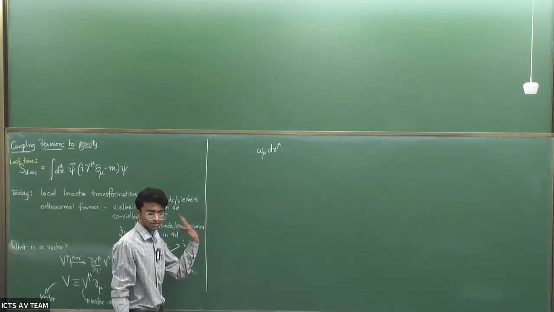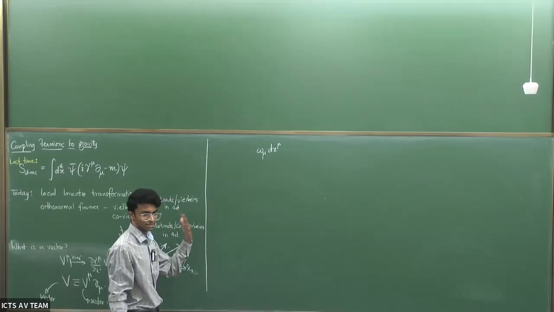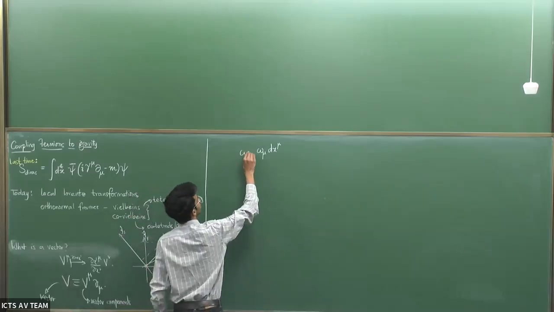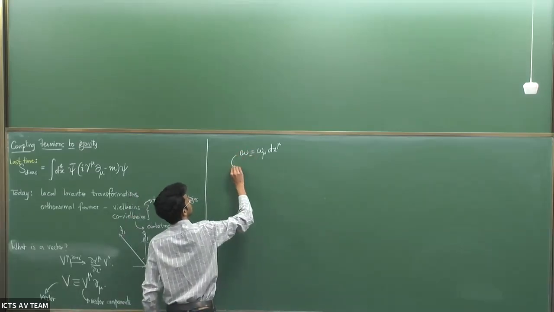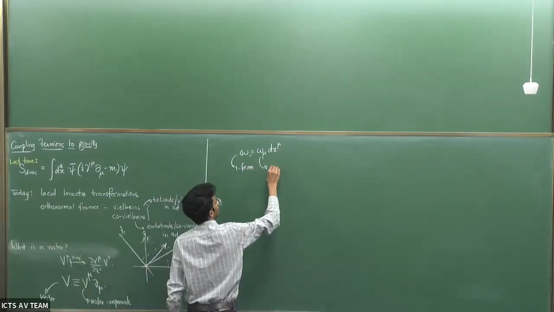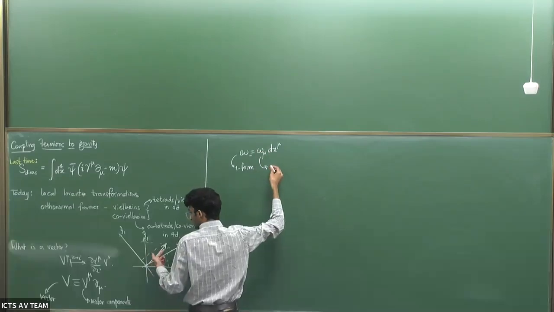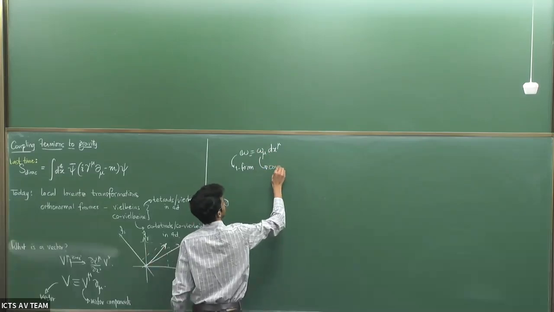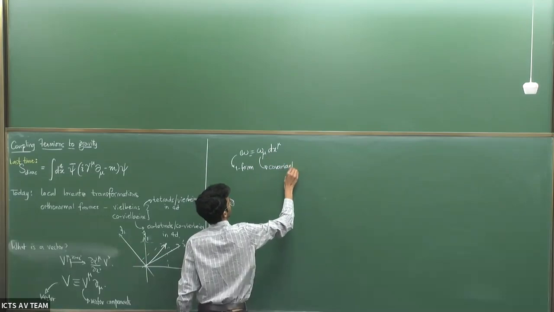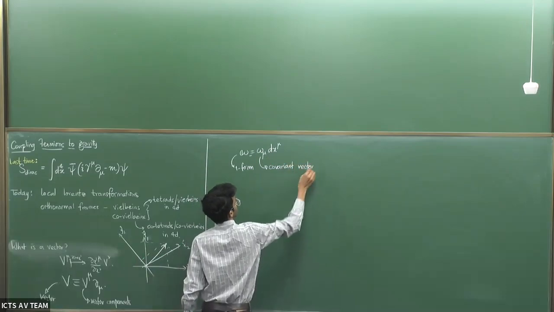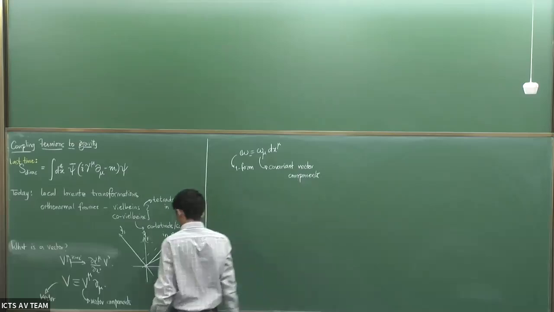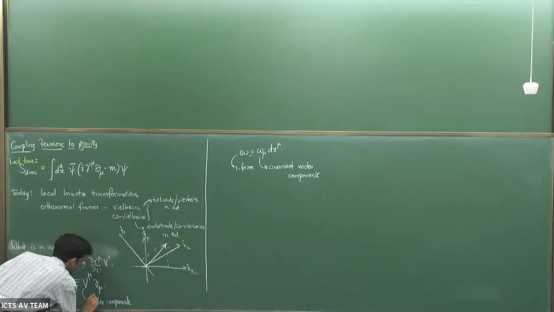But the correct name for it is the one form. That's the one form. And the components of the one form, what are these called? Covariant vectors. And these are contravariant vector components.